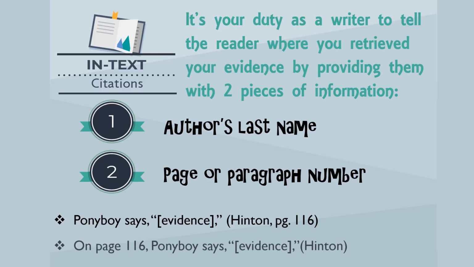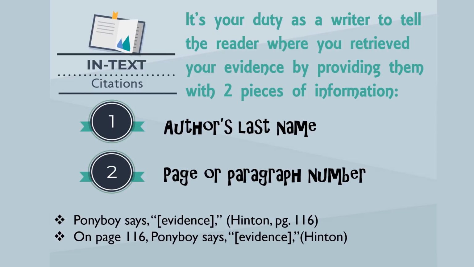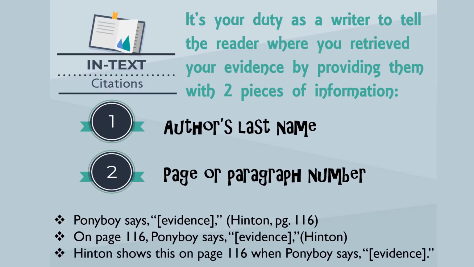You can actually do it this way by giving the page number in your introductory phrase by saying on page 116, Ponyboy says, then giving me your direct quote or your evidence, and then having the author's last name at the end. Or you can get rid of the parentheses altogether, and you can say Hinton shows this, Hinton is the author, on page 116 when Ponyboy says, and then give your evidence.